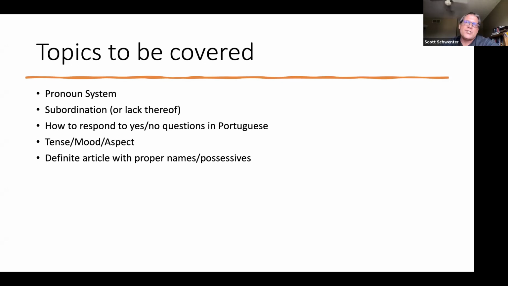We don't know as much about the African varieties of Portuguese, but at least my experience with them is that they're easier to understand than Portuguese from Portugal. For someone like me, who has spent a lot of time in Brazil and with speakers of Brazilian Portuguese, I find African speakers fairly easy to understand.